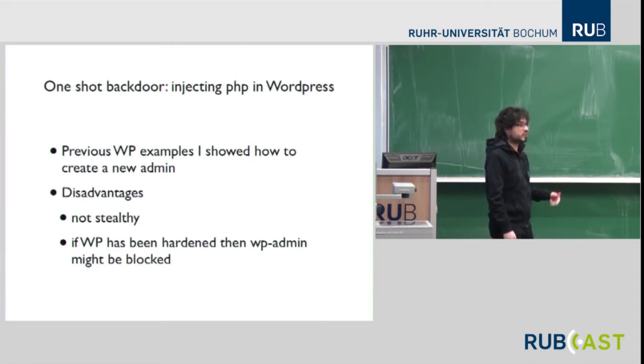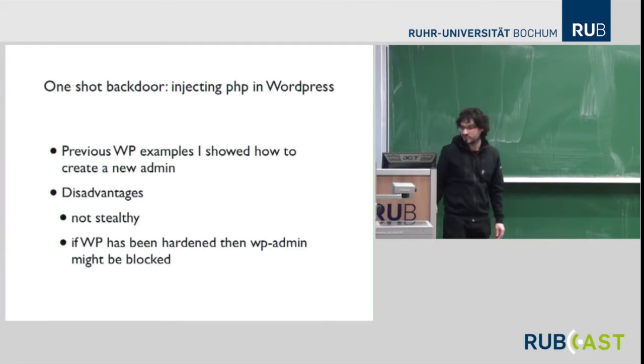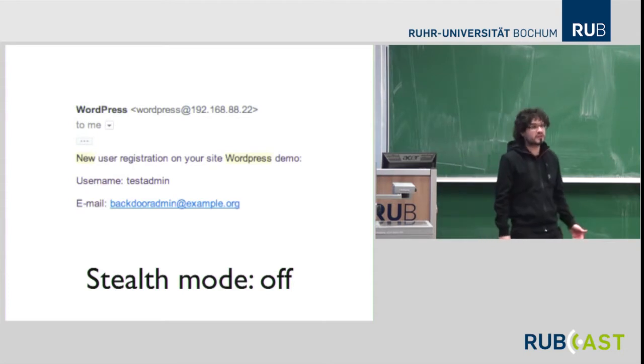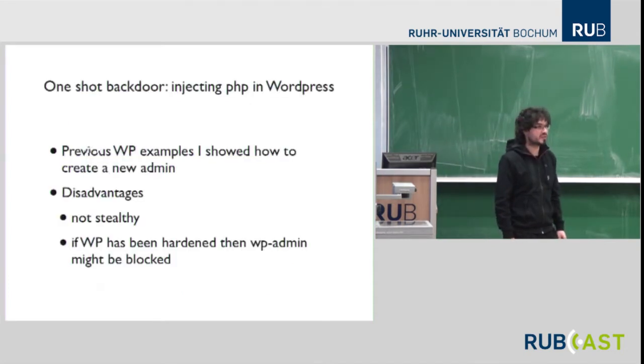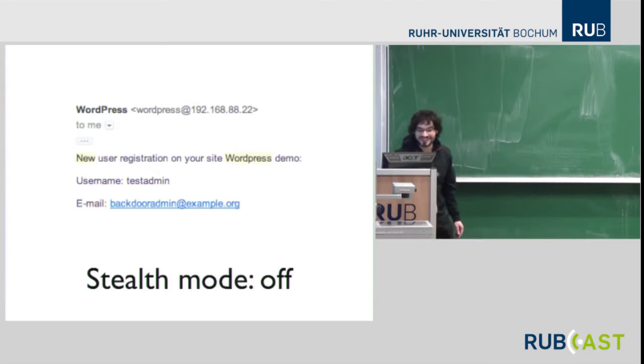So even if you got their username and password, even if you created a new user, it's useless for you as a penetration tester. And besides, by default, WordPress sends emails nowadays to the administrator telling him, hey, a new admin has been created. So that's not very stealthy.